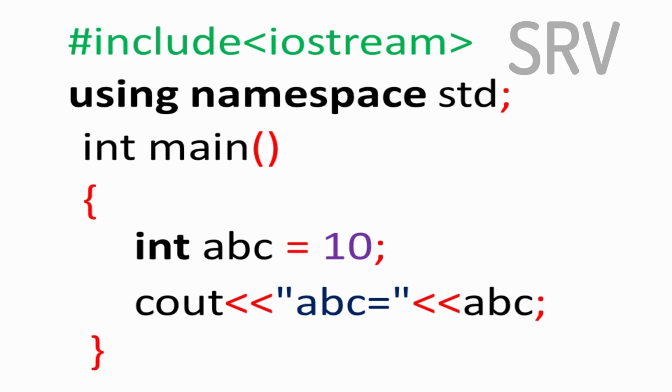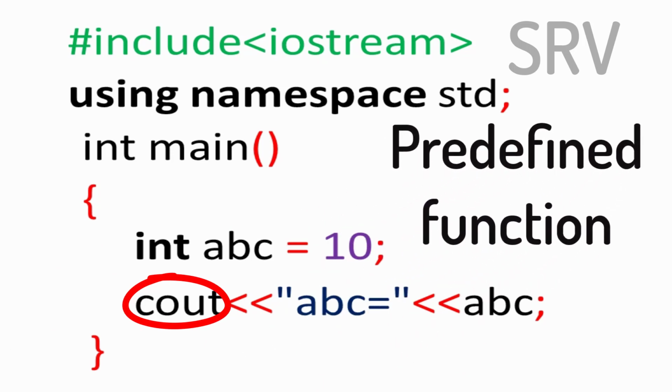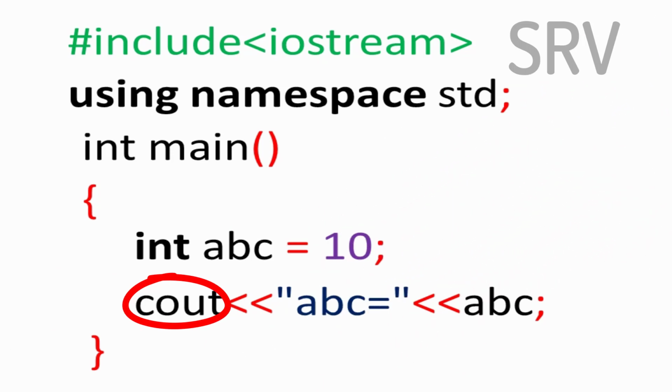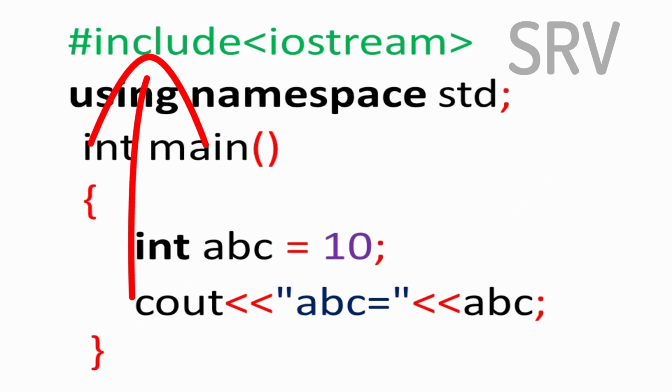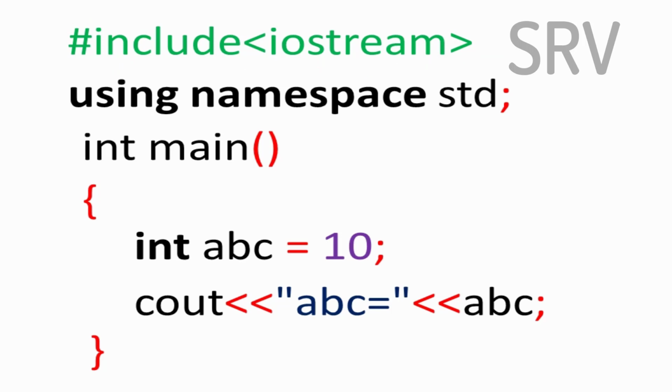Just note down that cout is a built-in function, that is, a predefined function. When cout is called, the compiler checks whether the header file for it is included or not. If the header file iostream is included in our program, it goes to the library and checks inside the header file what is to be done for the reserved word cout.